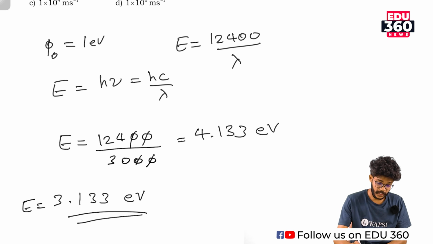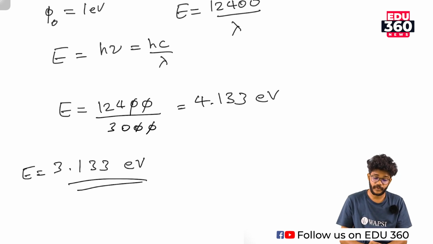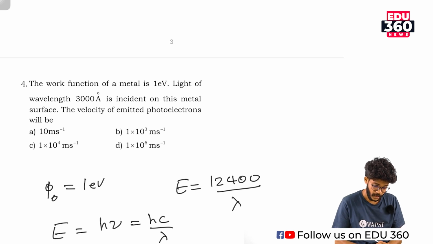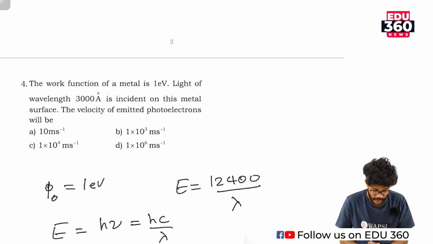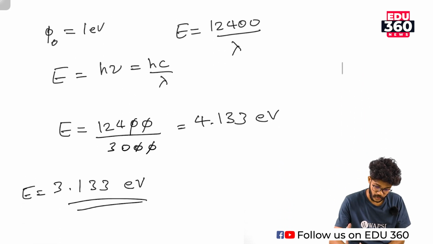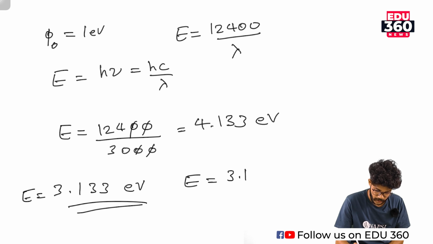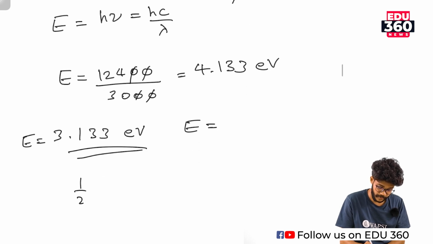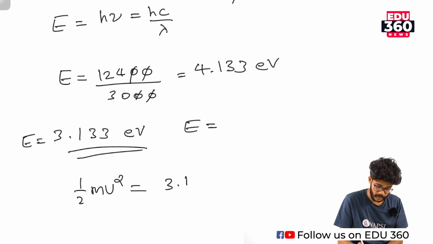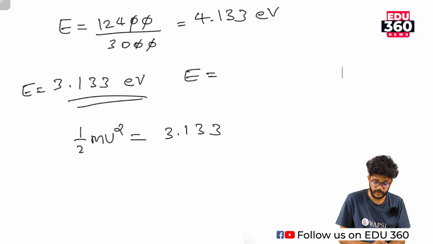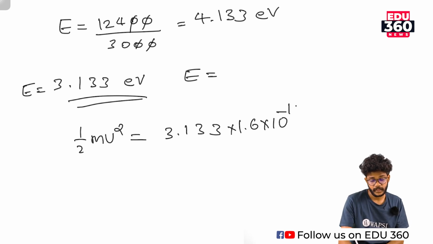In order to find the velocity, kinetic energy half mv square is equal to 3.133 electron volt, and the electron volt should be transformed to 1.6 into 10 raised to minus 19 joule.